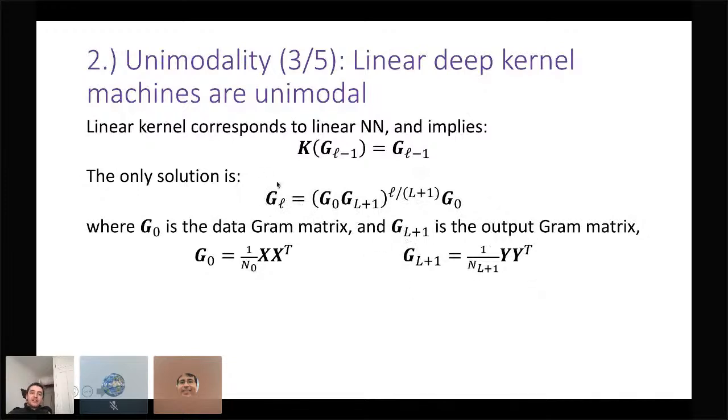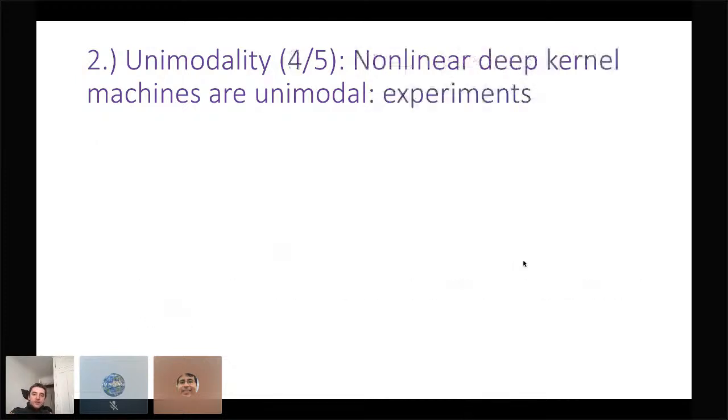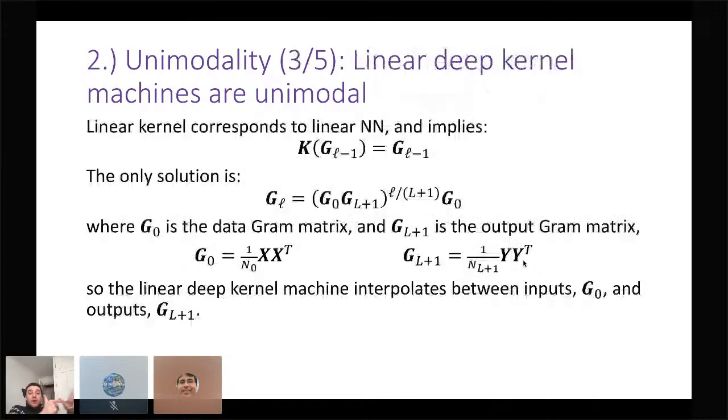So you can think of these as interpolating between the input gram matrix defined by those input vectors and the output gram matrix defined by the same kind of matrix, but now for the targets, the y's. So that is very instructive theoretically as to what's going on, point one.